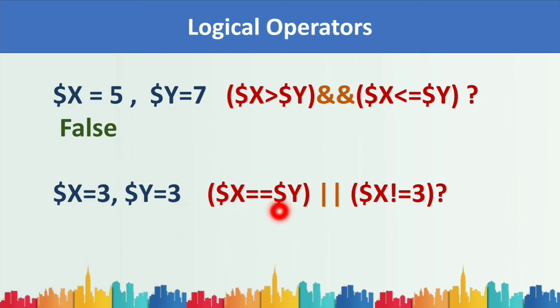So what will be the final result? Obviously true. Why didn't I check the second condition? For the AND operator the logic is both should be true, and the first condition turned false, so automatically it is false. And for the OR operator at least one should be true. The first condition is true, so the final result is true.